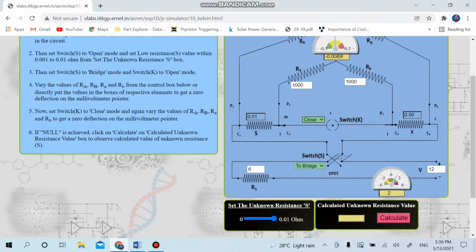When the switch K is closed, we will get a value of somewhere around negative 0.009 millivolt. For a null to be achieved, the millivolt value must be closest to 0. Thus, we need to adjust the value of RB.